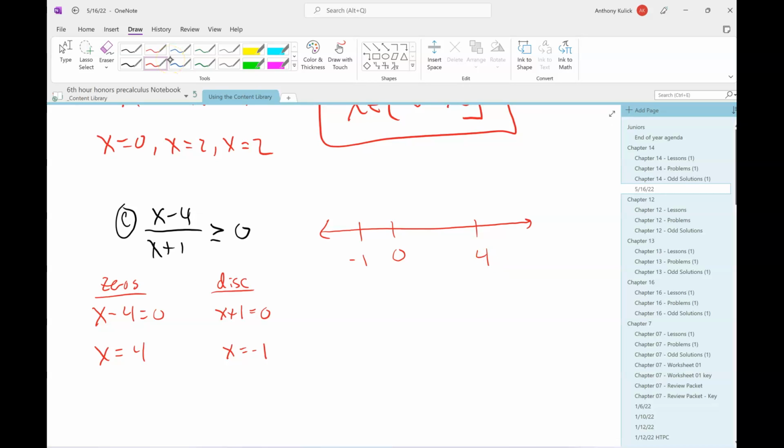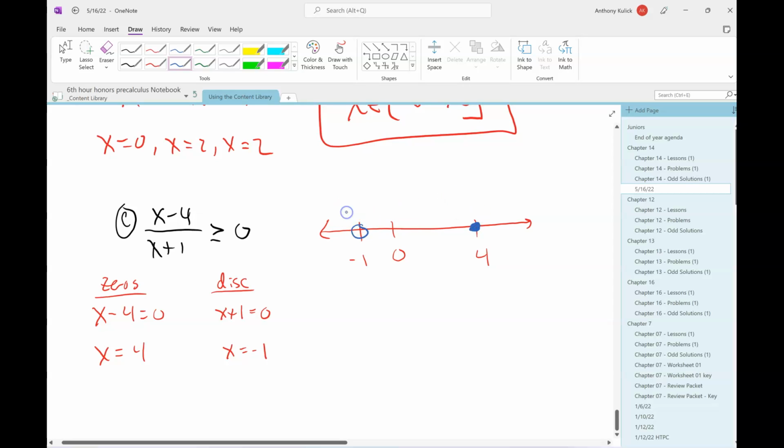Okay. All right. For the 4, open or closed? Should be open circle or closed circle for the 4. Closed. I've been using blue. Okay. -1, open or closed?